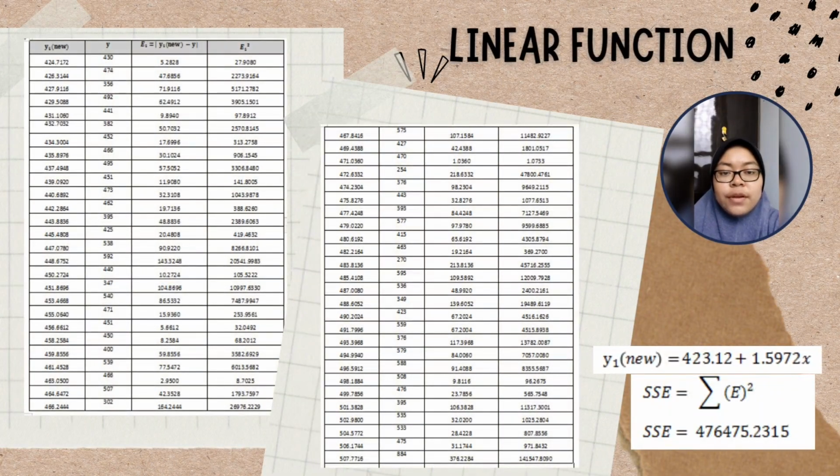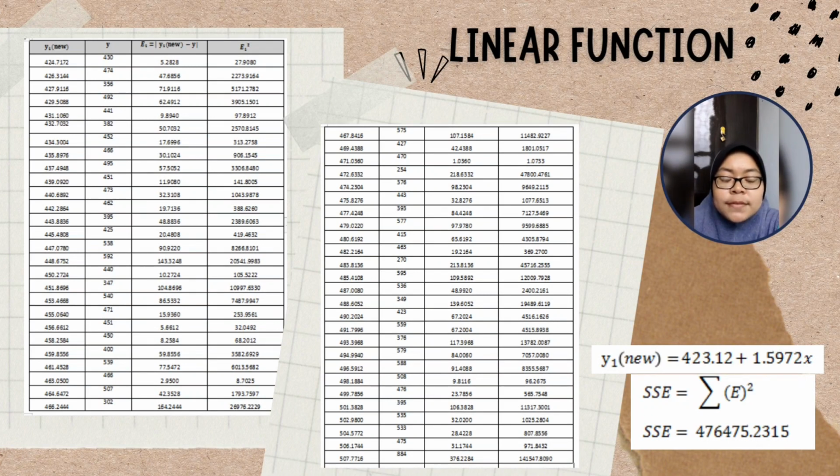Sum of square of error, SSE. The formula for SSE is the summation of the absolute error squared. SSE for the linear function: because we get the equation in the previous slide for the linear function is y equal to 423.12 plus 1.5972x, we substitute the value of x into the equation to get the value for y1 new.